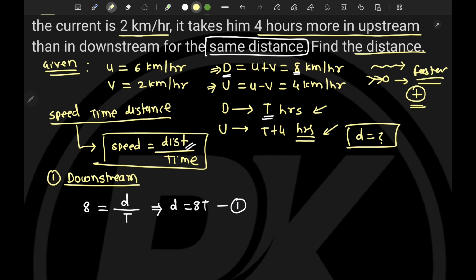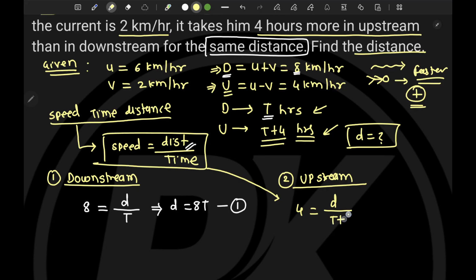Now similarly do it for upstream. In case of upstream, again use the same formula. So speed is how much? 4 kilometers per hour. Distance is the same, small d, and the time required to row upstream is t plus 4 hours. Now from that equation, write it in terms of d. So that will be equal to 4t plus 16, right?